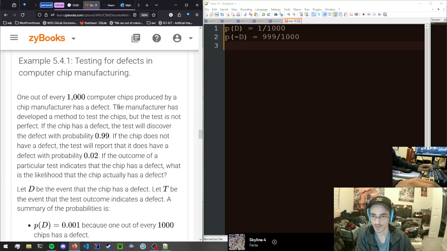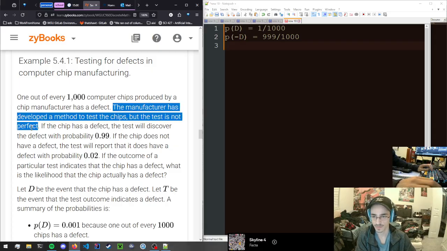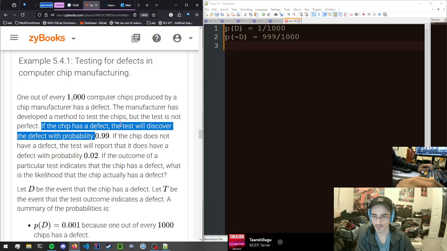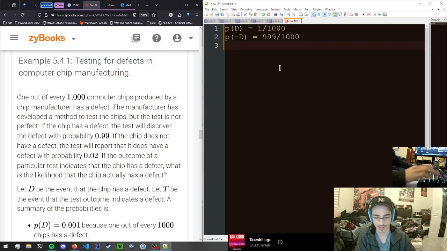So anyways, the manufacturer has developed a method to test the chips, but the test is not perfect. So if the chip has a defect, it would discover the defect with 99%. So test success given defect is 0.99.